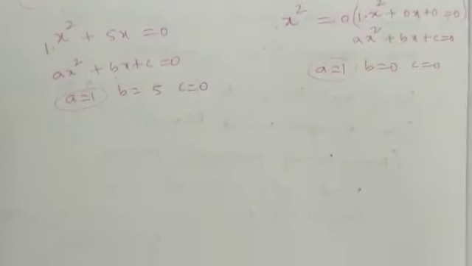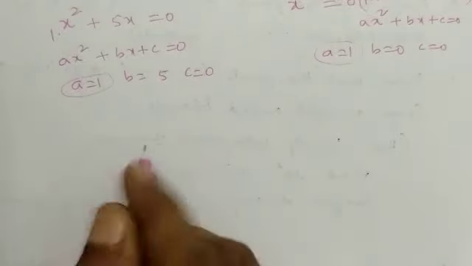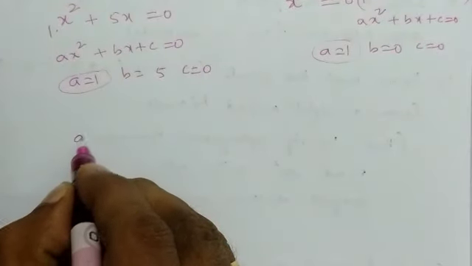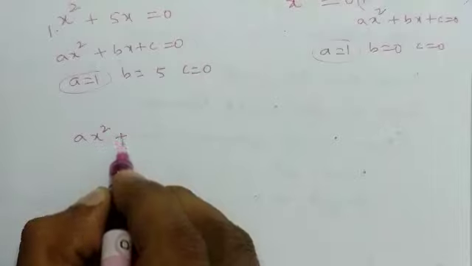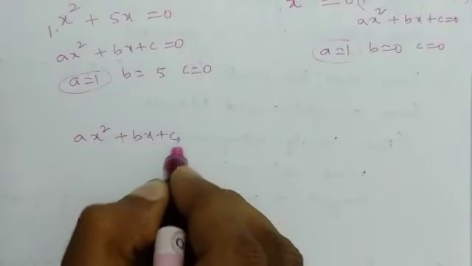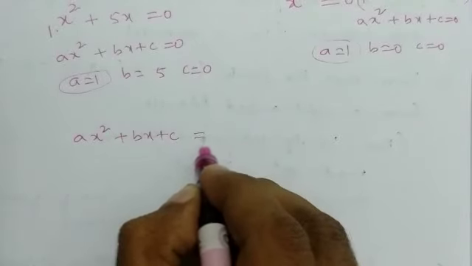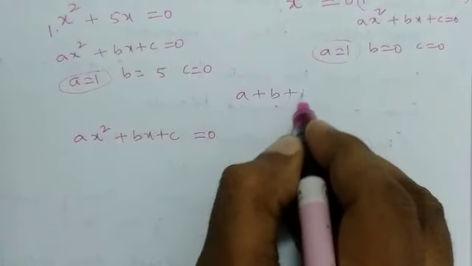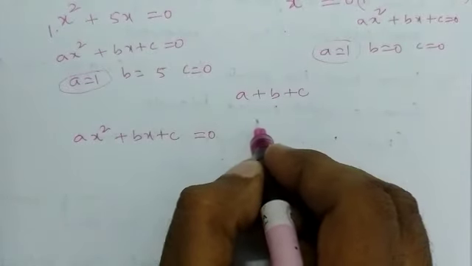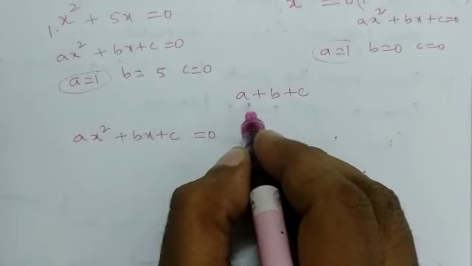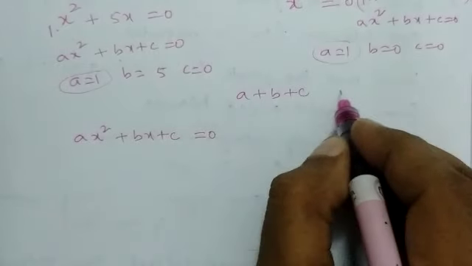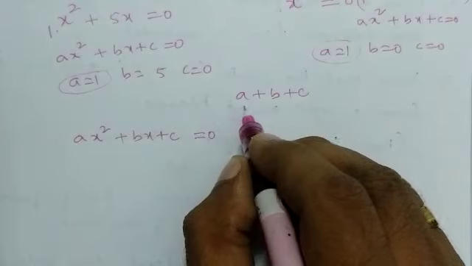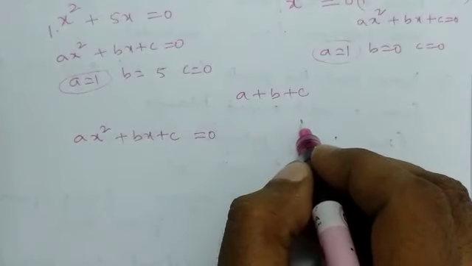What do you mean by polynomial? An expression having terms, like a plus b plus c. How many terms? 3 terms: 1, 2, 3. So, trinomial.